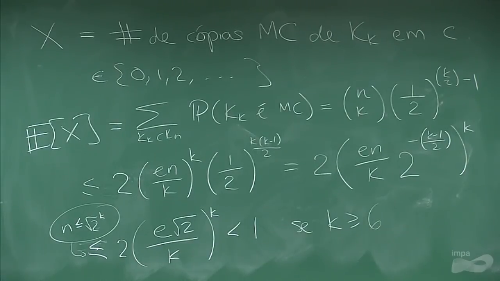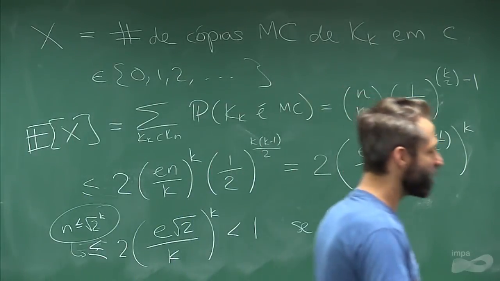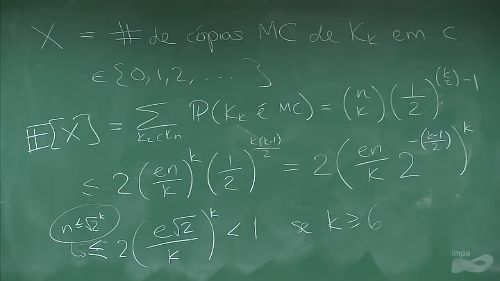Exactly. If the expected number is less than 1, the probability that it's 0 has to be positive, right? Because otherwise, it's an integer. If it's never 0, it's always at least 1, so the expectation will be at least 1, right? If the expectation is strictly less than 1, it has to be 0 sometimes.